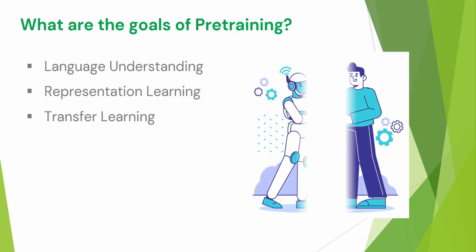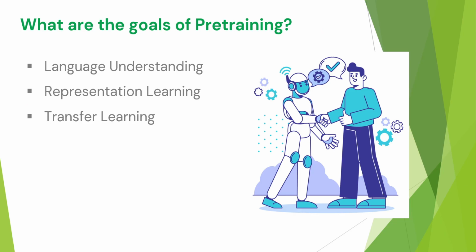Now the goal of pre-training involves language understanding, where it teaches the model to understand the patterns and structures of language such as grammar, syntax and semantics. Then to learn a representation of language that can be used for a wide range of tasks such as text classification, sentiment analysis and language translation. And finally, to enable the model to transfer its knowledge to new tasks and datasets with minimal additional training.